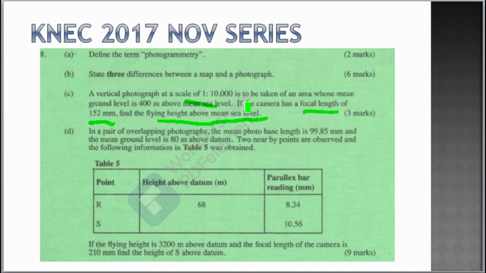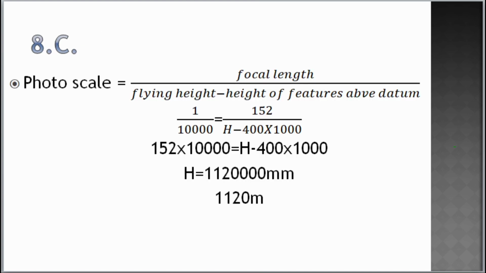Here we have been given the scale, and the area whose mean ground level, the height above datum, remember that this is 400 meters. They need us to calculate the flying height of the aircraft.